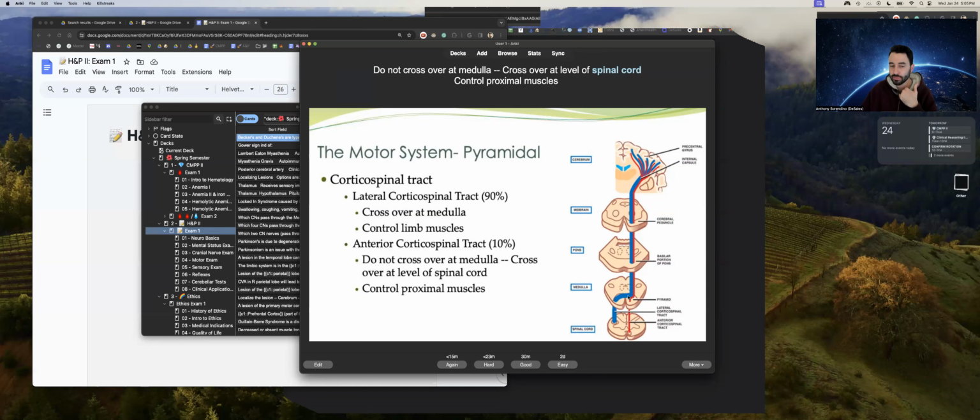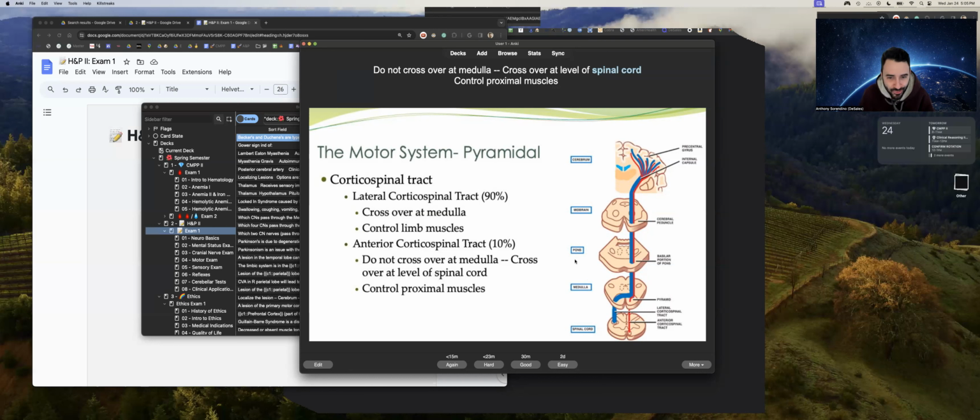So I think I'm still good to say my limb muscles, like my hands and my arms, but my shoulder, maybe like my trap, which I would call a proximal muscle, or like my SCM, which is what my spinal accessory nerve supplies, I would call that a proximal muscle. So I would think if I have shoulder weakness, because that anterior corticospinal tract is not crossing over until the level of the spinal cord.